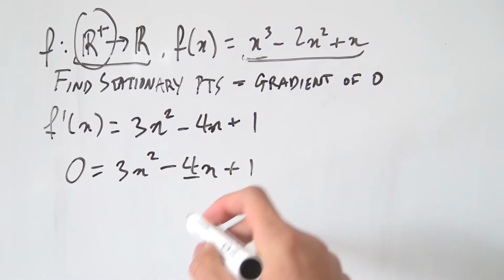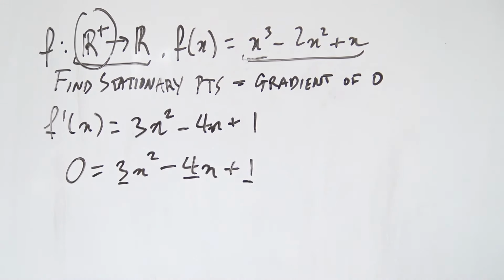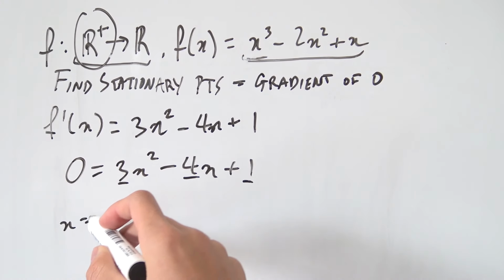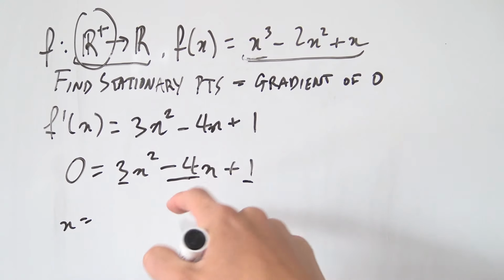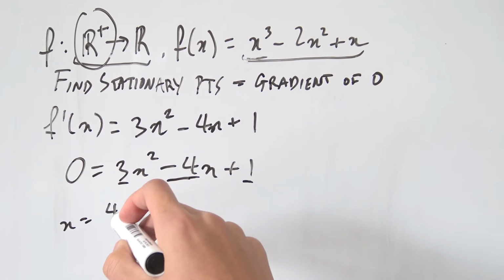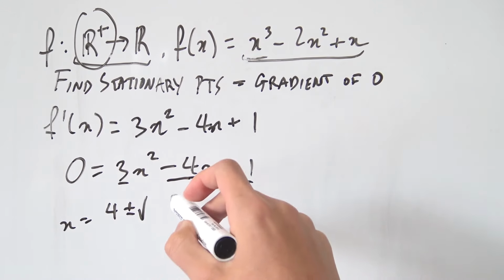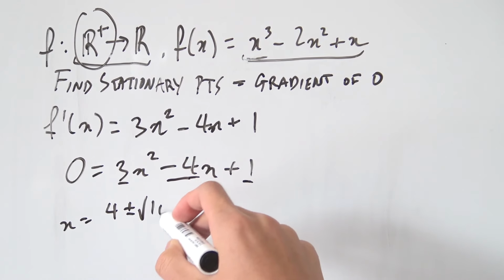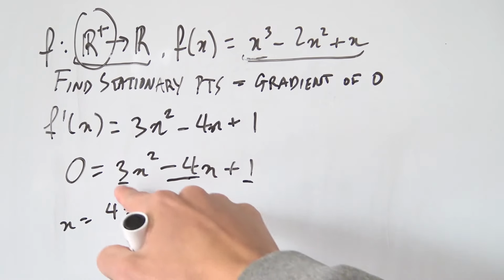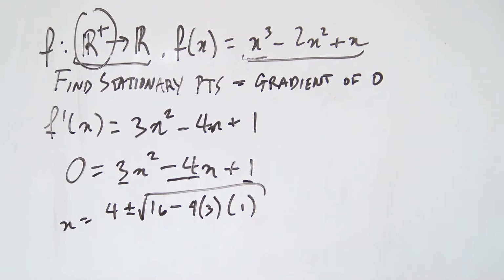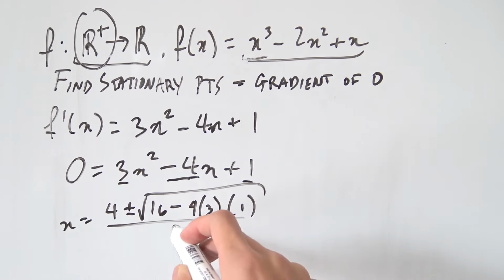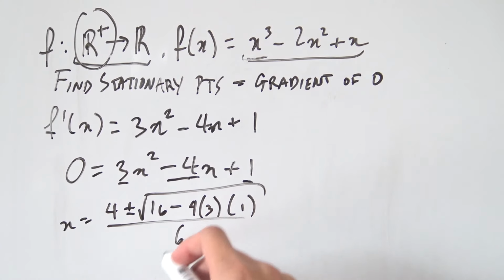So we have our b value right here, our a value and our c value. So that means x is equal to, using the quadratic formula, negative b. So negative 4, that's 4, plus or minus the square root of b squared, negative 4 squared is 16, minus 4ac, a which is 3, c which is exactly 1, so the square root of all of that, and we're dividing everything by 2a which is 6.